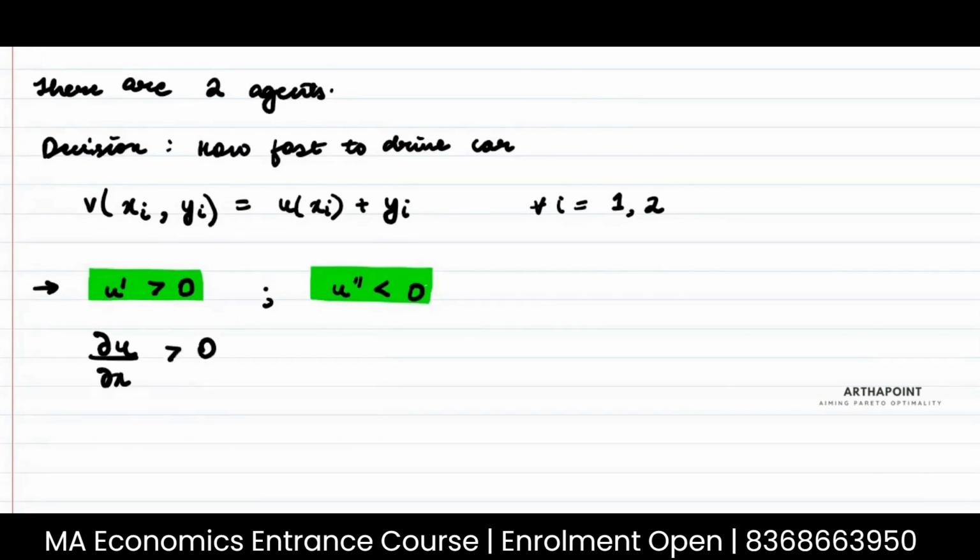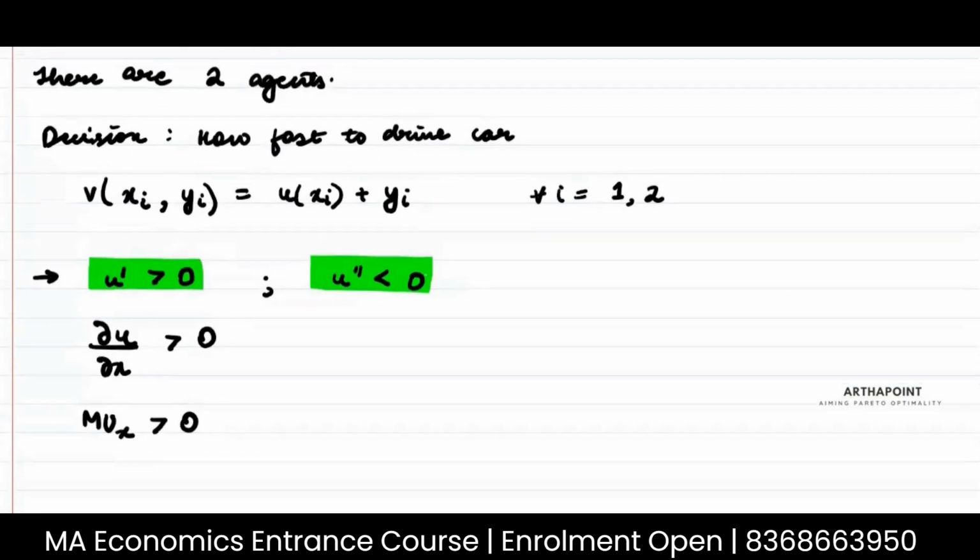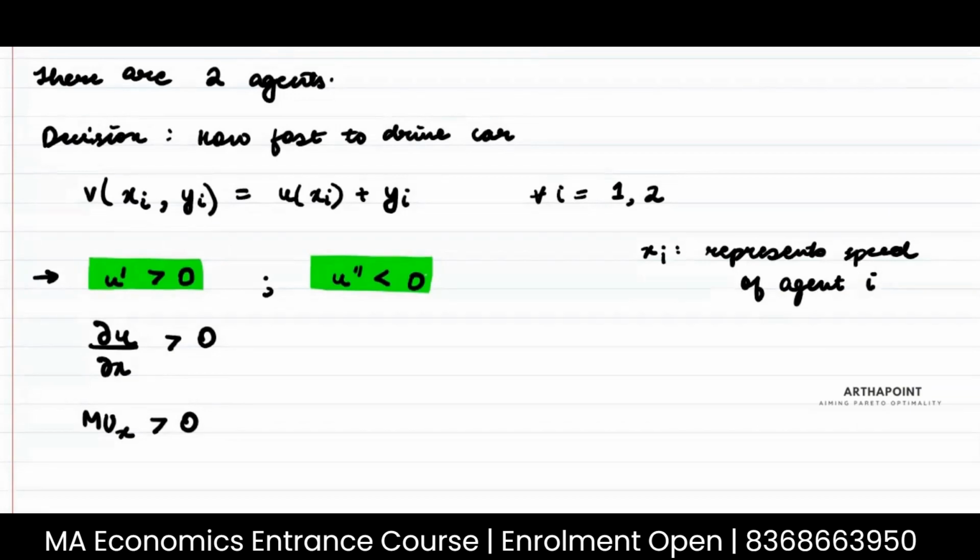Please write down: x represents the speed of the agent i, and yi is all other goods.